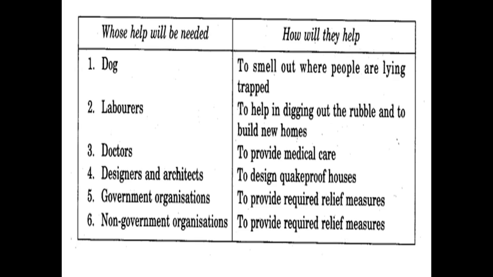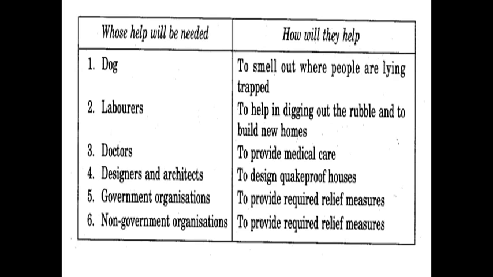See how dogs help in those areas to smell out where people are lying trapped. As the buildings collapsed by the shaking of the ground, the people are trapped in that debris.